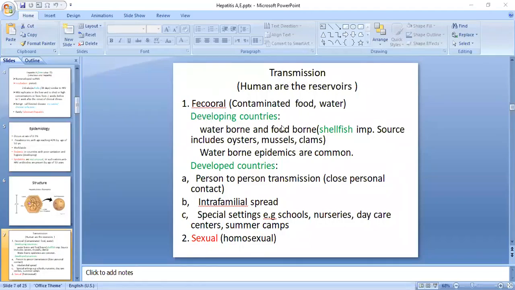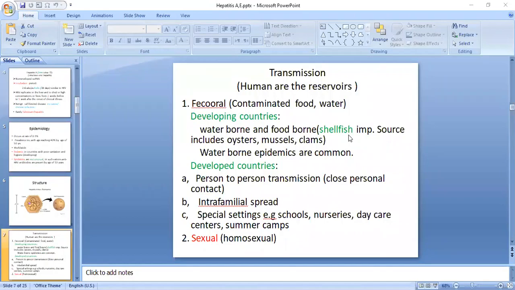In the developing countries, waterborne and foodborne hepatitis is acquired through the diet or the food. Most importantly, shellfish, and in this way waterborne and foodborne hepatitis occurs.